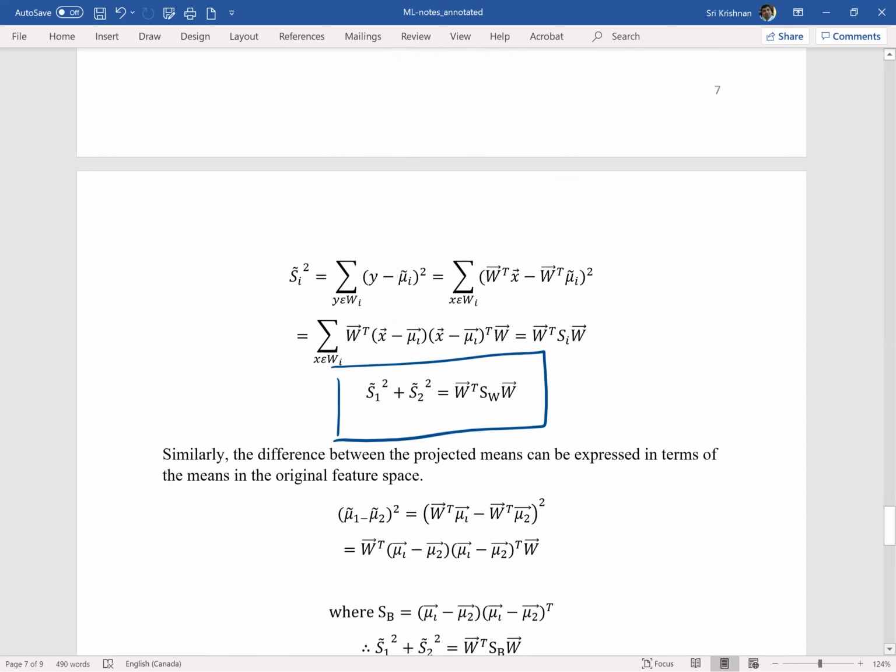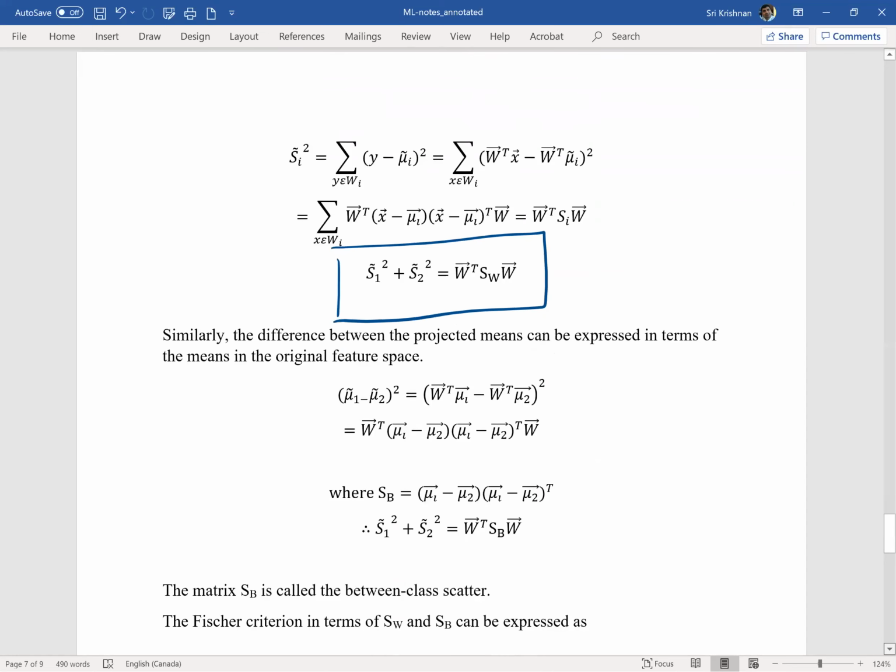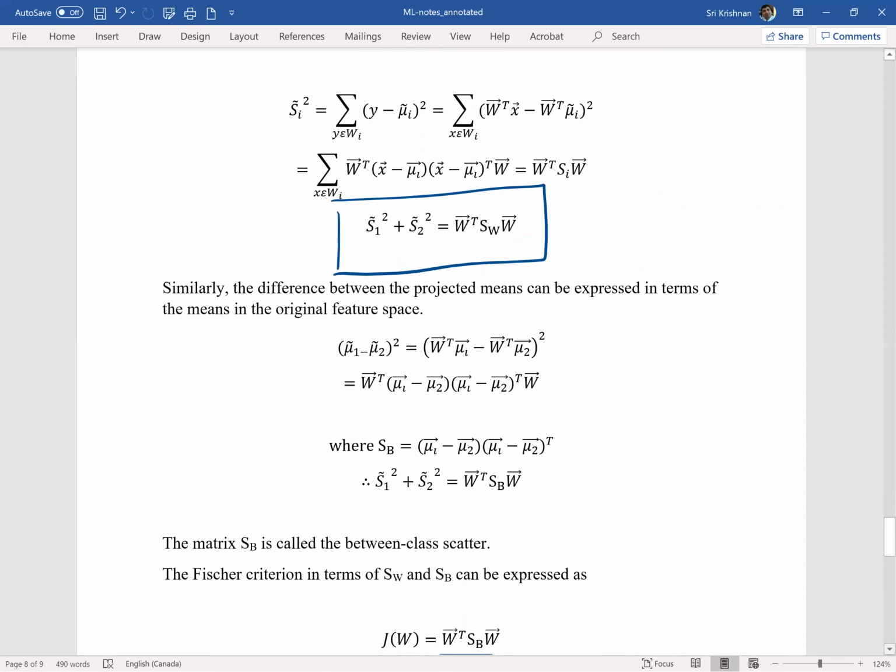Once we have the projections of the means onto that LDA line, we can also have what's called the between class variance, or between class scatter. The between class scatter comes from the expression of mu1 minus mu2 the whole square, which basically says how much is the difference between the classes. That leads to an expression like that.